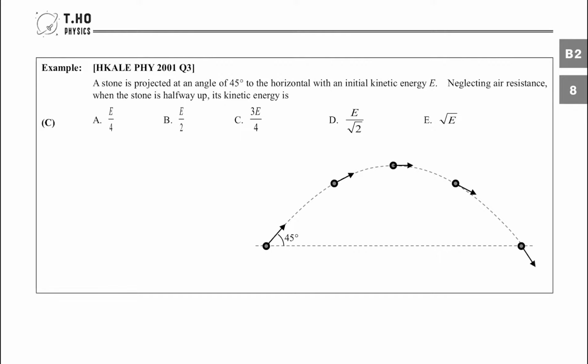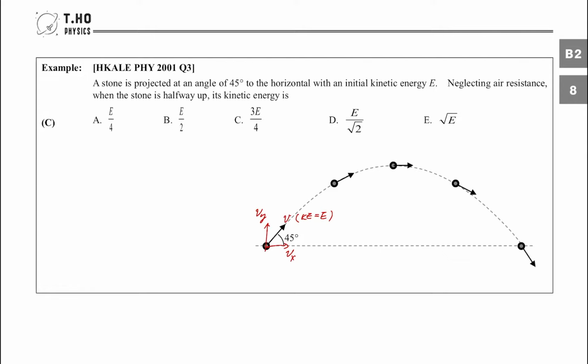So it is moving with a speed v with a KE equals E. Now we can resolve this velocity into the horizontal component and vertical component.